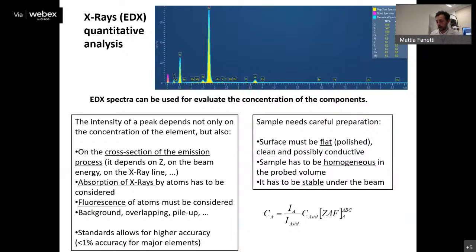These software are more complicated, and of course they exist. If you learn how to use them, you can use them. But it's not the typical software that you find together with SEM. Anyway, these are the main things which affect the intensity of the peak.